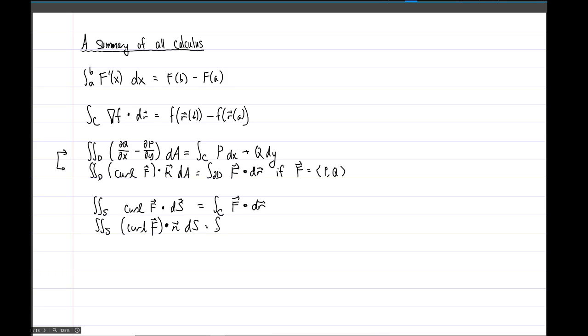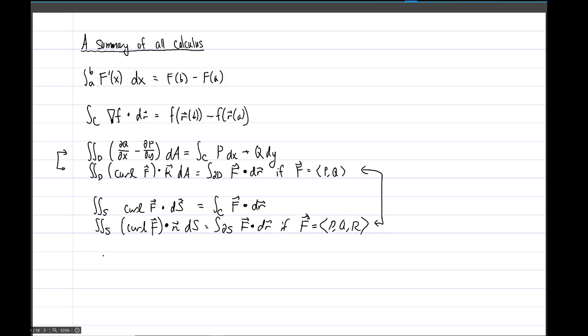On the other side, this line integral, boundary of S, F dot dr, and this is what happens if capital F is equal to P, comma, Q, comma, R. So look at really how similar these two lines are to each other.